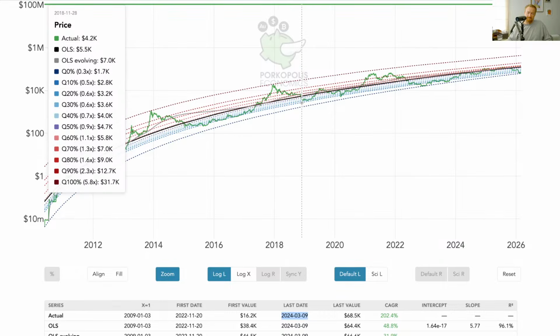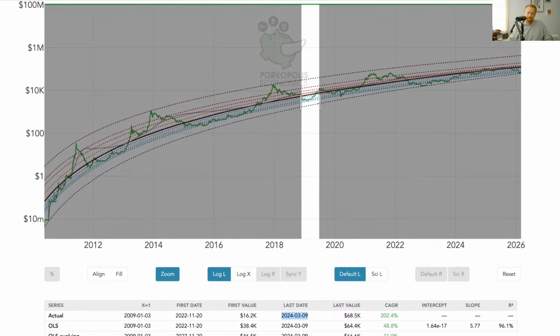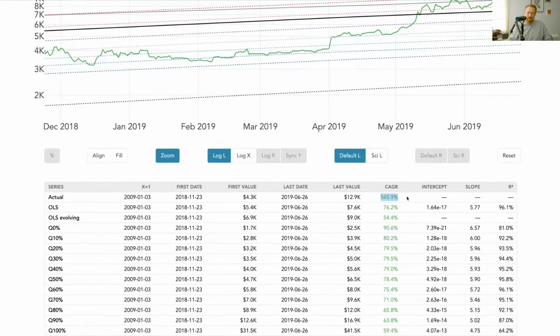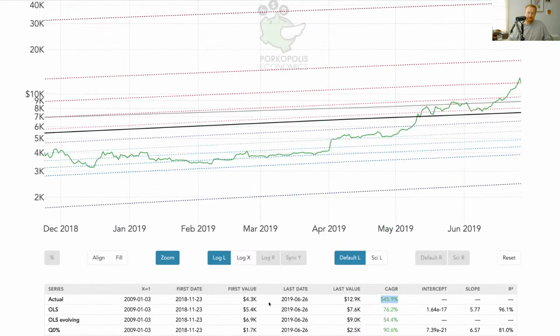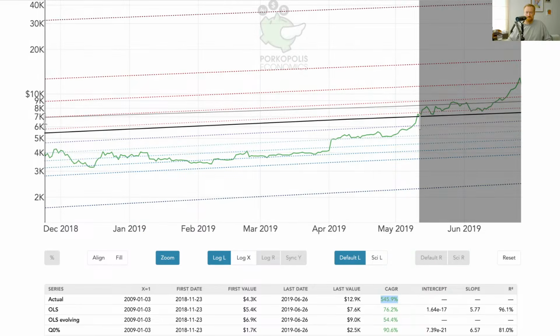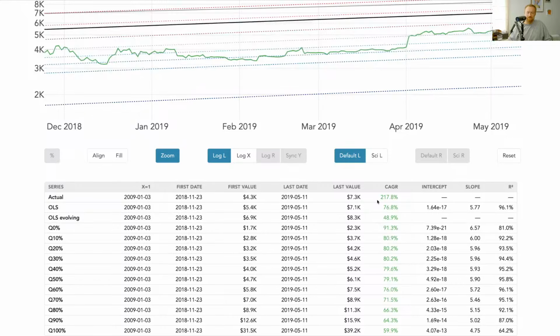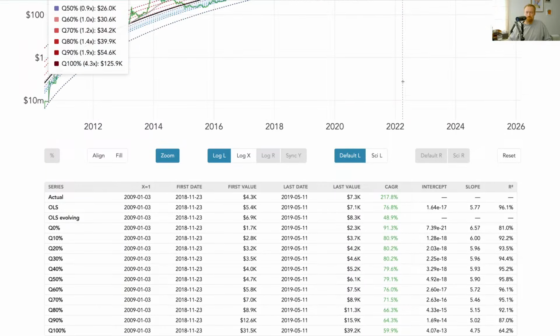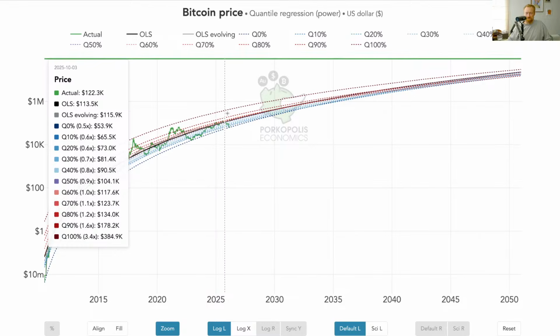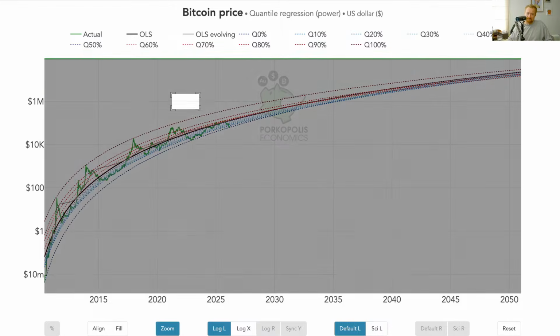It was even faster here, although it retraced. But here it happened. 500% CAGR took 6 months, 7 months. I could stop it here, obviously, be less. 200% CAGR. I fully expect that's what we're in store for. Might take a year, might take a year and a half, but we're going to get back to the trend.